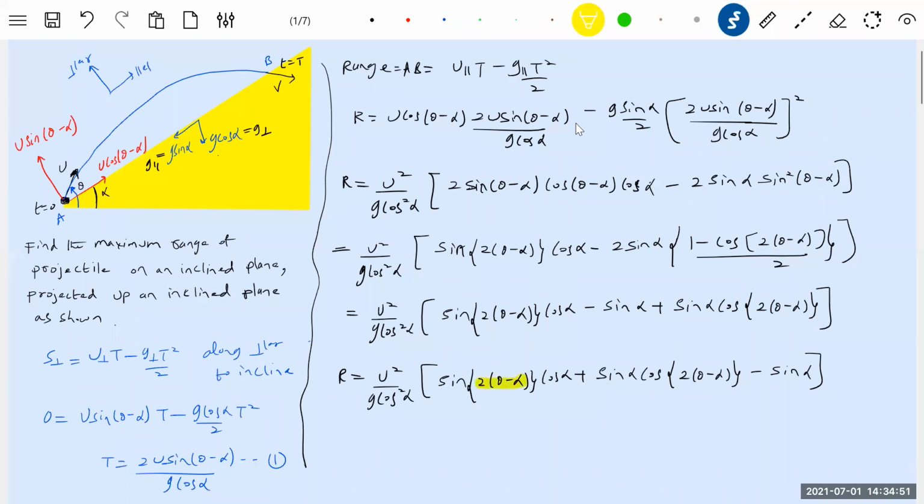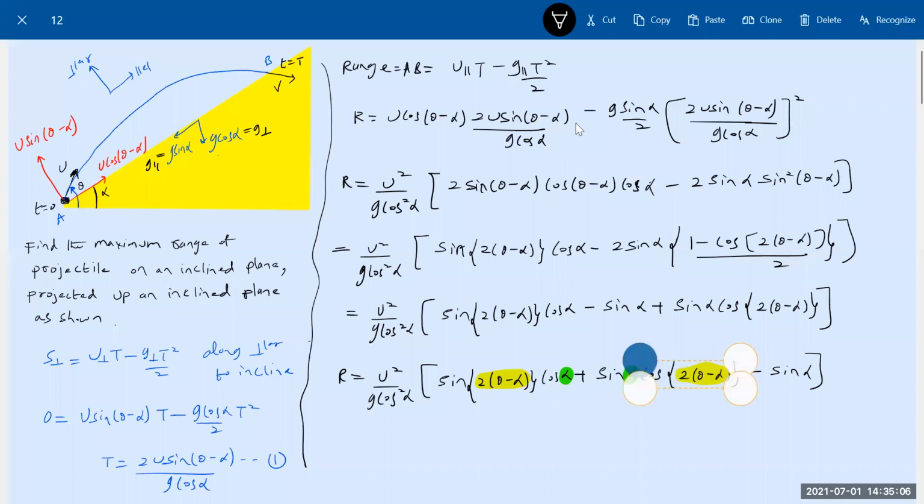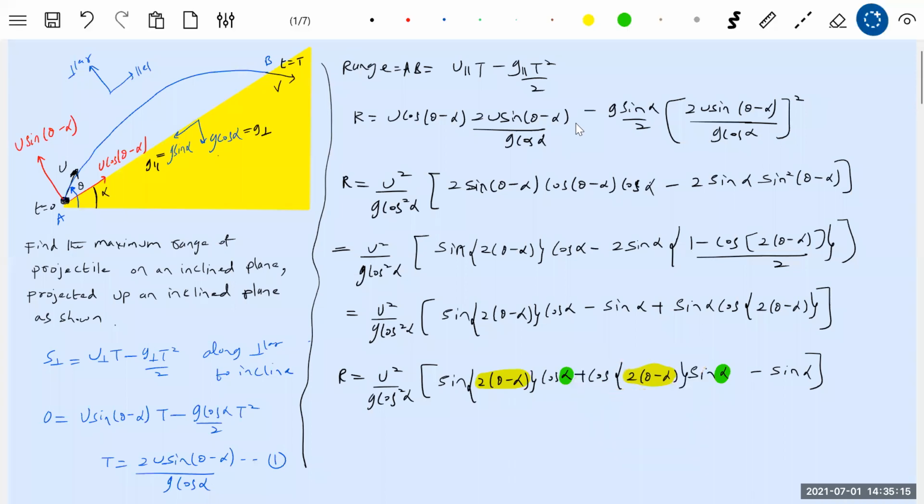Let me just highlight. Anything you see that is sine A cos B, cos A sine B, I think we will write it as sin A plus B. So I think I can simplify this whole part with one simple formula.